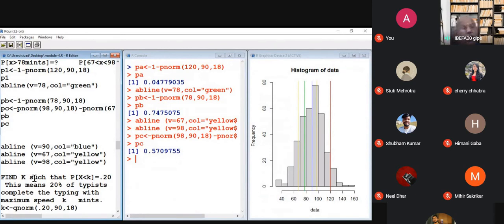See the cutoff point. Find K such that X less than K is 20%. 20% of the typists have the completing speed below K. What is K?